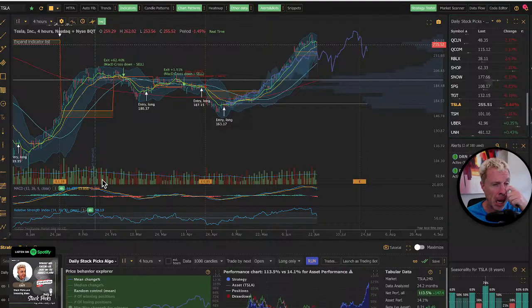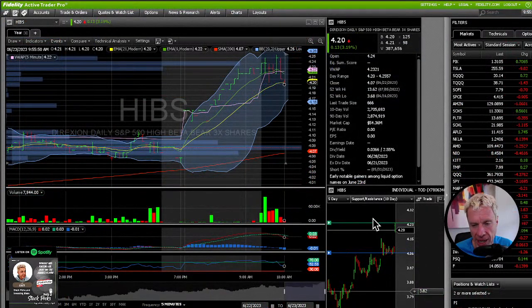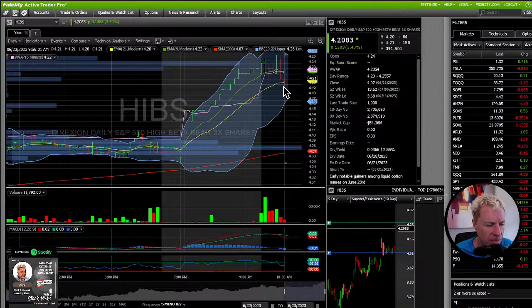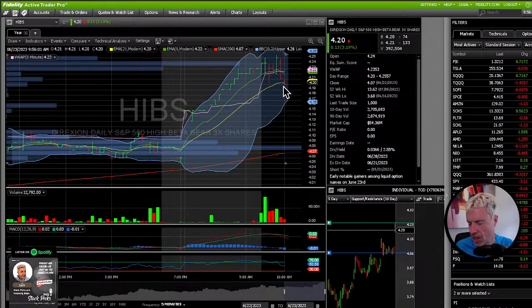SQQQ was the trade. Oh, and look at this. HIBS has lost its momentum. So it got up to 425. I think I'm going to sell here at 420.